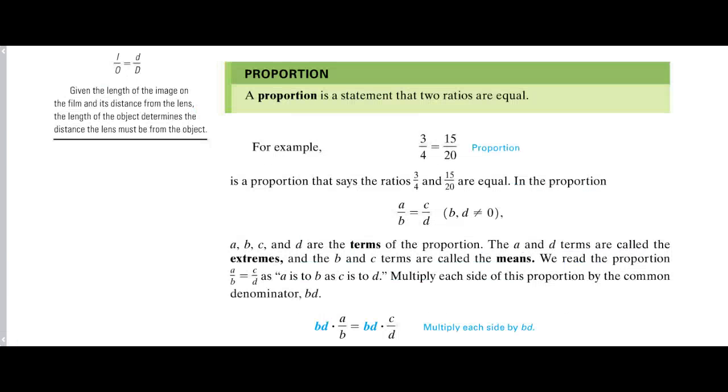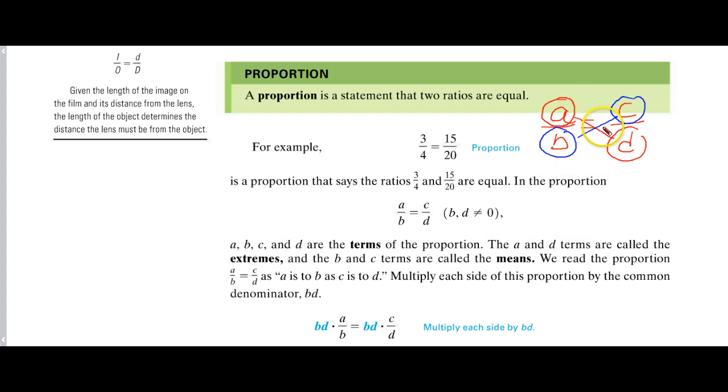Now it's nice to bring something into our course that we've covered in the past, and in a sense we have done this proportion before, that we said A is to B as C is to D. And we said that the first item up here and this last item, as you went in order, these were the extremes, and then this second item and the third item were the means, and this is defined below.